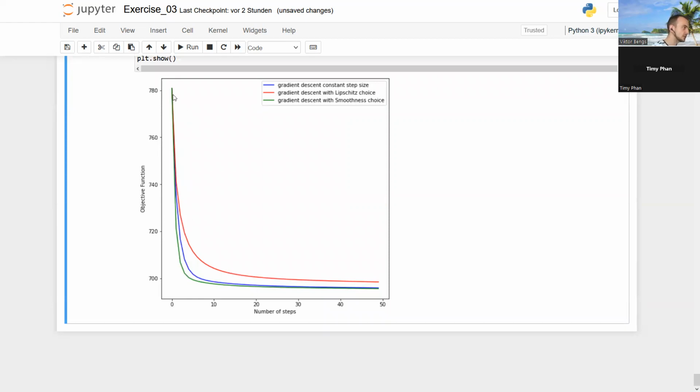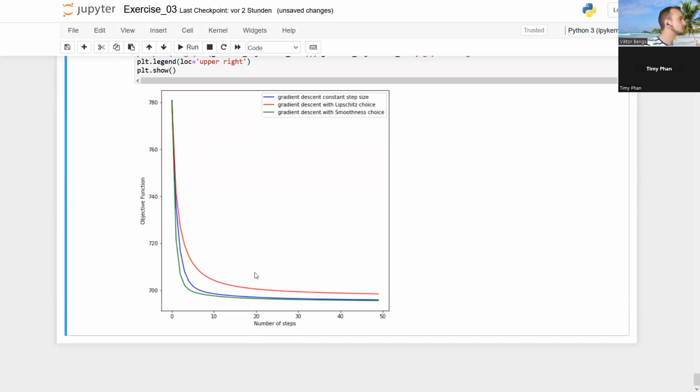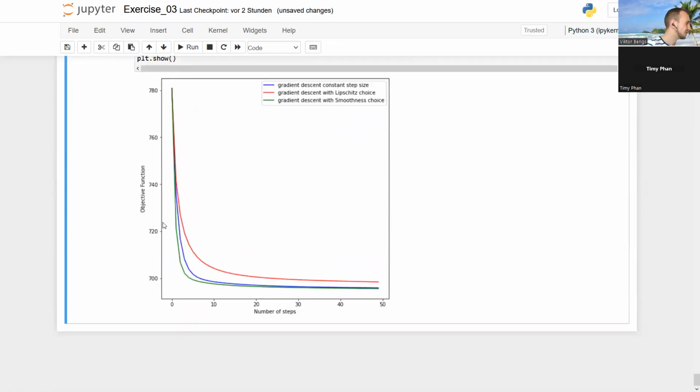The smoothness choice is going down quite quickly. Constant step size is working very well here as well. And the Lipschitz choice is lagging behind a bit. But again, if we make the B parameter larger, this can come closer to the blue one or even be better than the blue one.